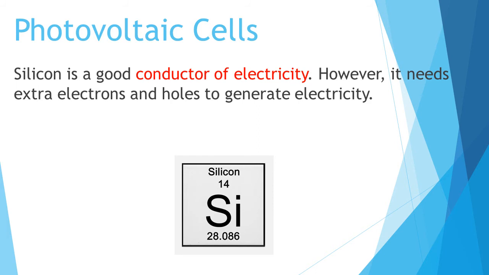Now, why we make PV cells out of silicon is because it's a good conductor of electricity. However, in order to generate electricity, in order to make electricity, it needs extra electrons and holes. Okay? So while it may be able to conduct, right, move electricity, it can't make it without some help.